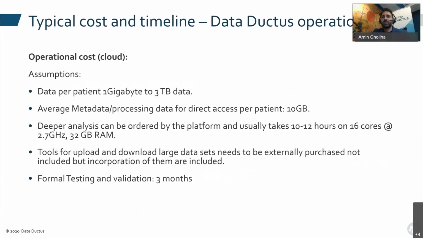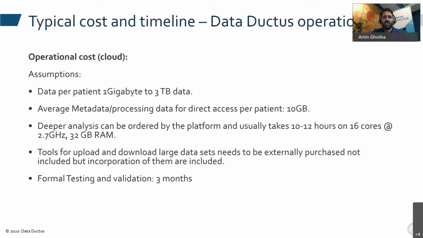And a little bit more about the operational costs. I will give you an example about this. This is from an actual example that exists in reality. Our assumption is that we have 3 terabytes of data per patient or per use case, up to 1 gigabyte to 3.